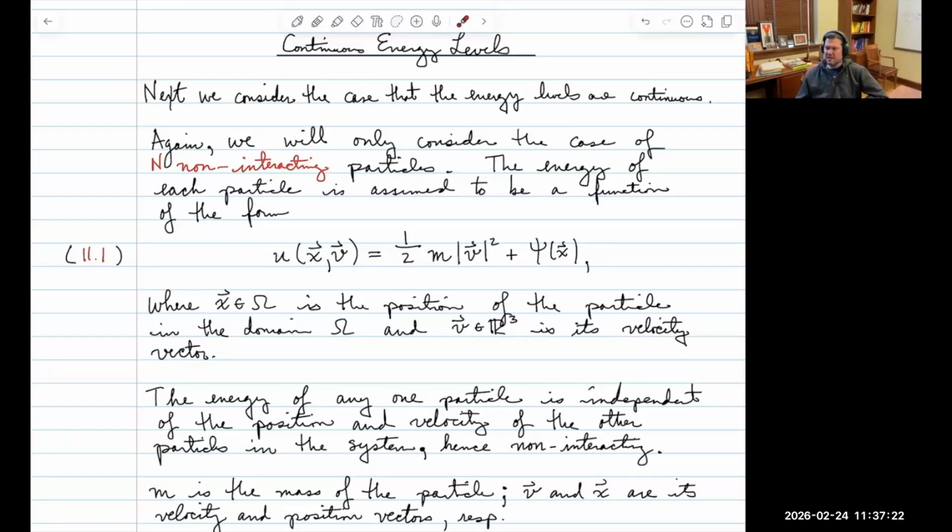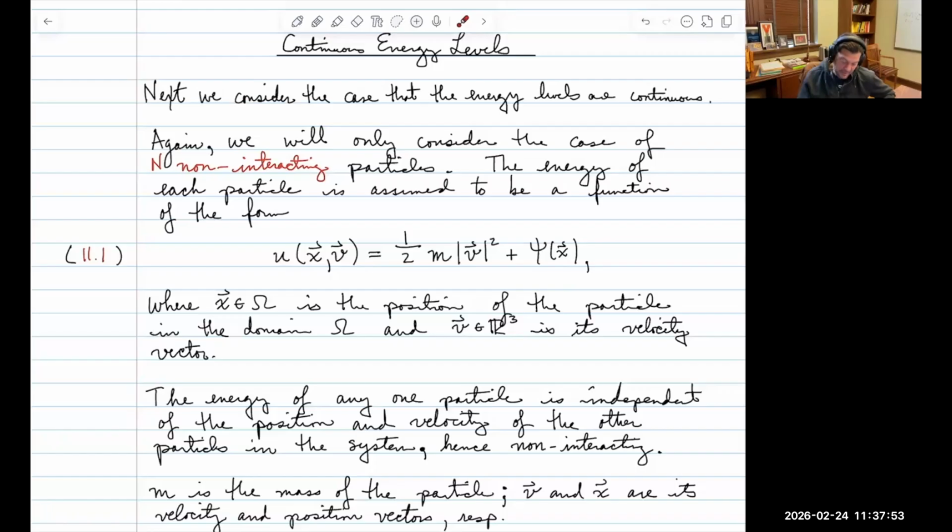The way we're going to think about them is that they don't interact energetically, but they can bump into each other. They can have elastic collisions with particles, and after a perfectly elastic collision, they just fly off in opposite directions, or they can collide with the walls. The collision with the wall is also completely elastic. That can be built into the potential energy.